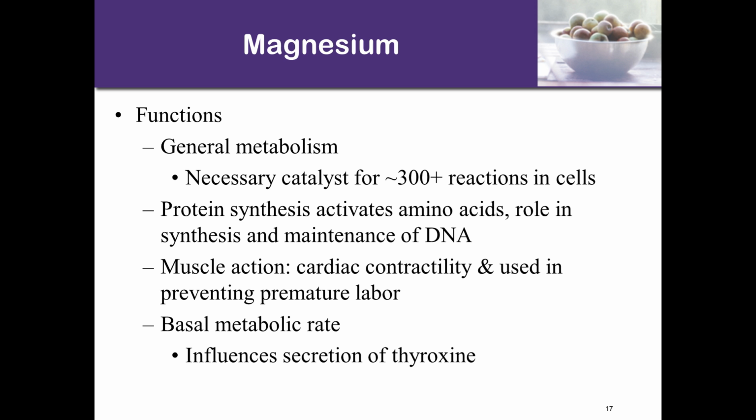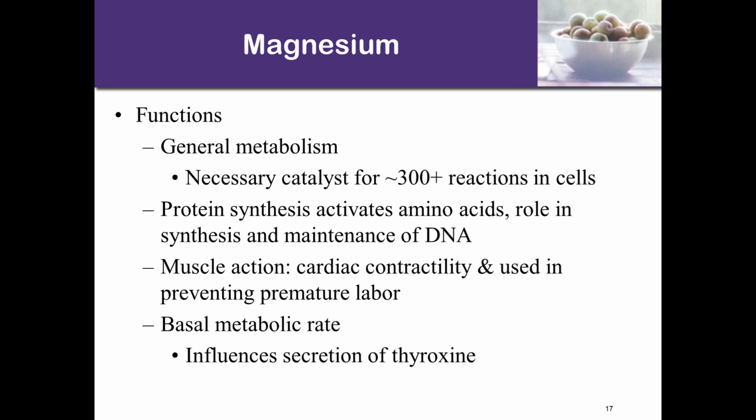Protein synthesis: it activates amino acids and has a role in synthesis and maintenance of DNA, where magnesium acts as a cofactor. Muscle action, cardiac contractility, and it is used in preventing premature labor.